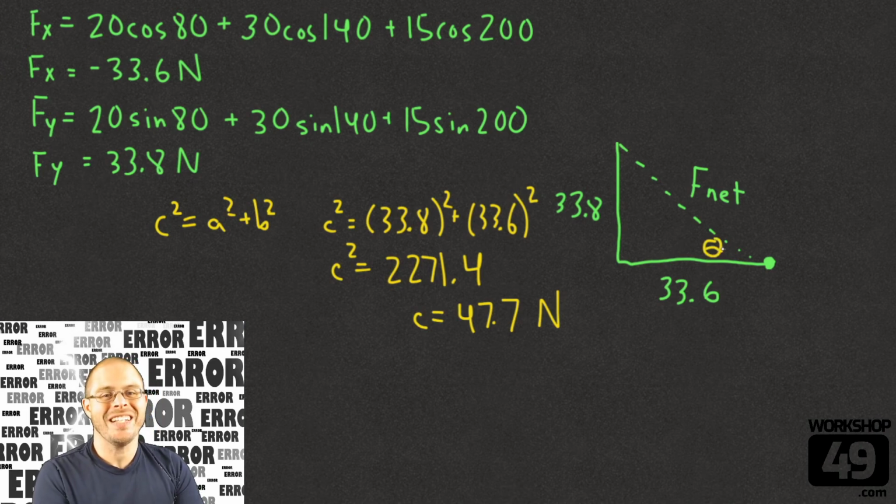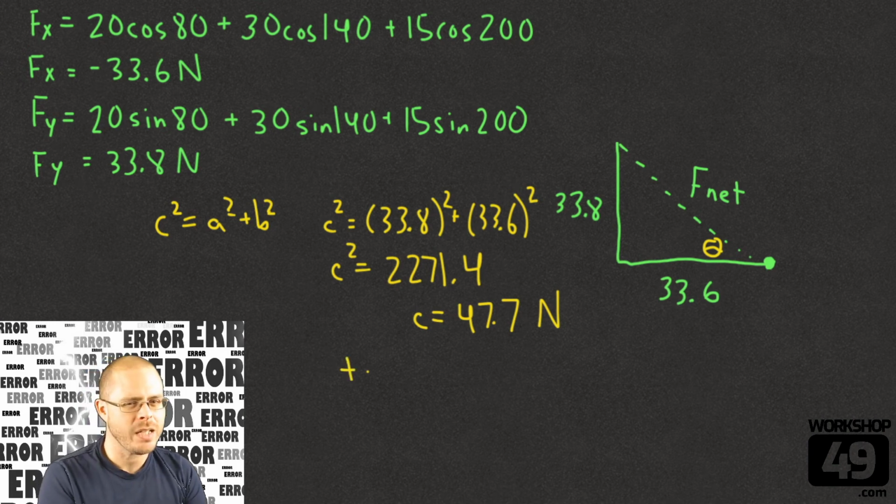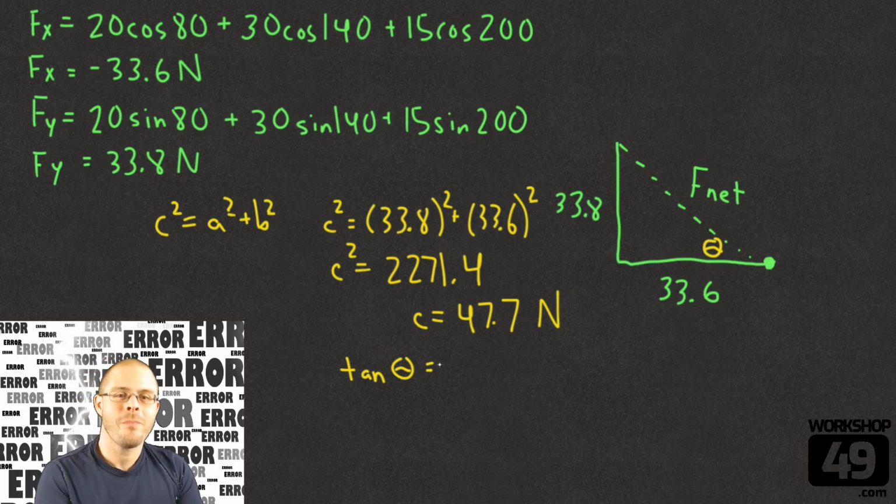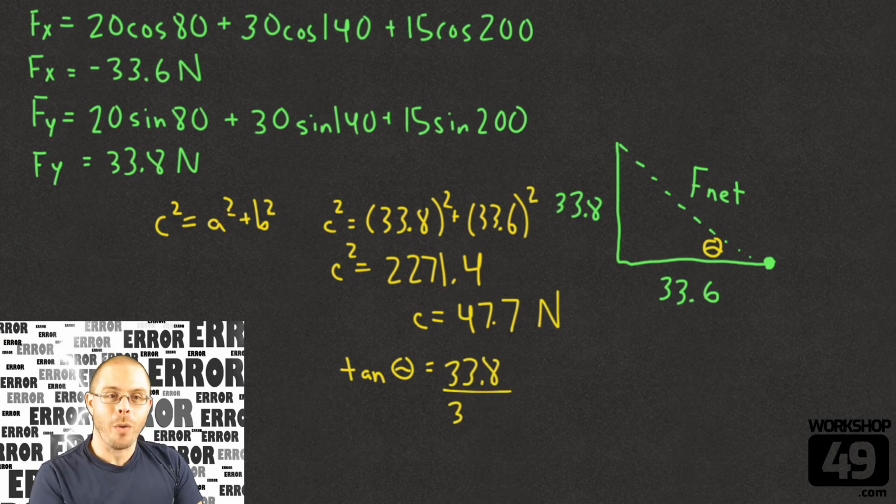But you're not catching me that easy. I know that vectors need an angle component, so we need that theta. I thought you had me. Not yet, you don't. In order to get this theta, we're going to use tan, because we have the opposite and the adjacent. Tan of theta is equal to the opposite, 33.8, divided by our adjacent, 33.6.